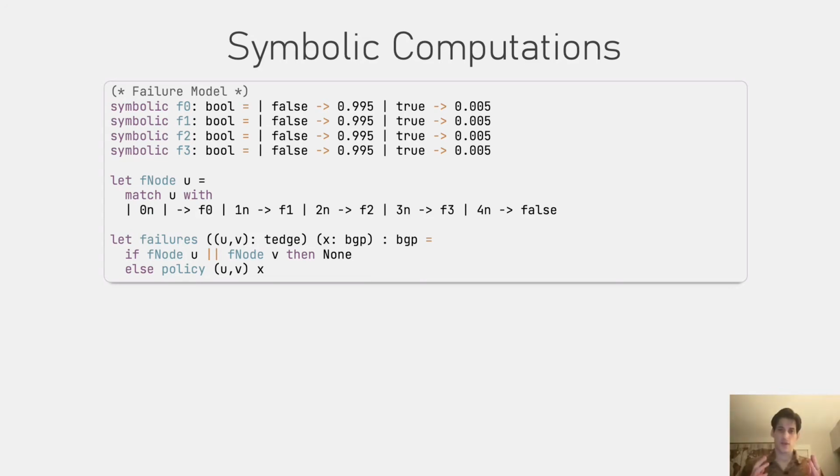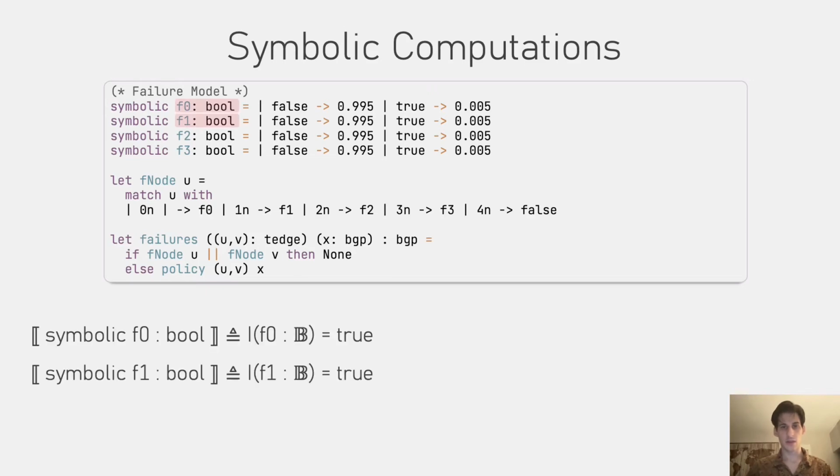Okay, so first let's focus on symbolic computations. When we declare a symbolic, we get the set that includes all possible values for that type. To efficiently represent these potentially very large sets, we will use binary decision diagrams. In this example, F0 denotes the set that includes both false and true.